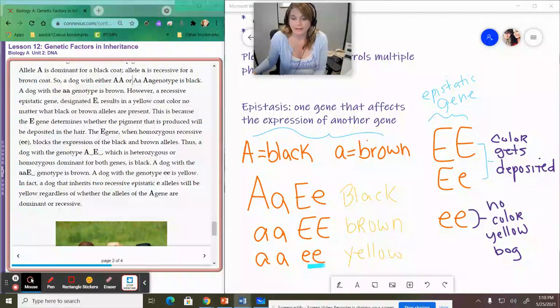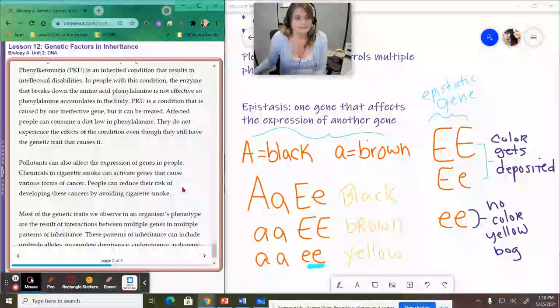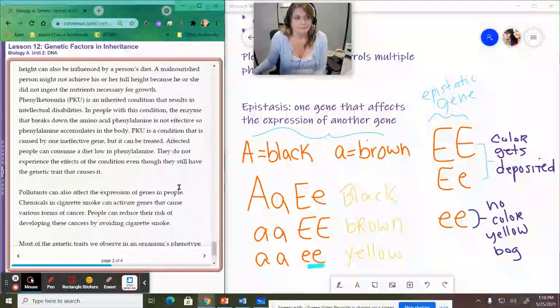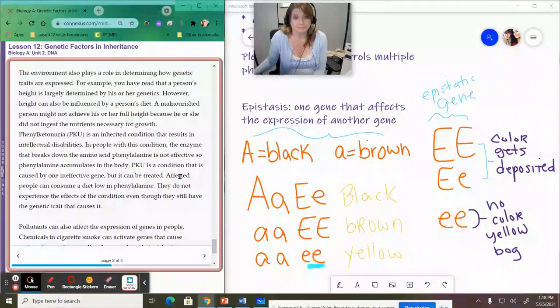All right. And finally, the lesson also refers to how other things can affect gene expression. Because there's always this argument in biology, nature versus nurture, right? That nature is a huge part of how things play out, but nurture, or the environment, has a big impact as well.